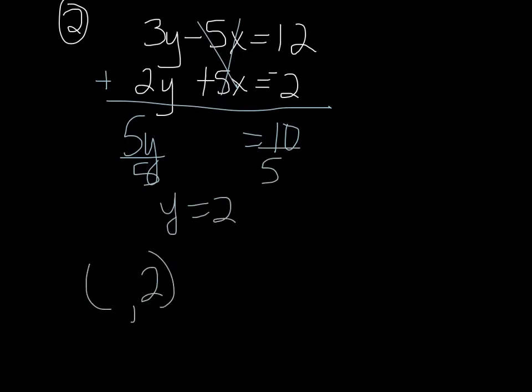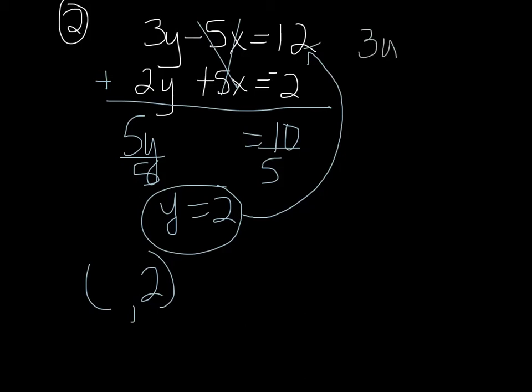There's my y value. I've got to find my x value, so I'm going to substitute it into this one. So I have 3y minus 5x equals 12. I'm going to substitute the 2 in for the y. So 3 times 2 minus 5x equals 12.